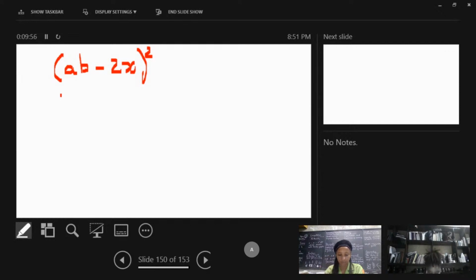Okay, miss. So that would be a squared b squared, because a squared, b squared. Minus 4 a squared b squared x. Multiply these by 2. Wait, miss. 2ab.